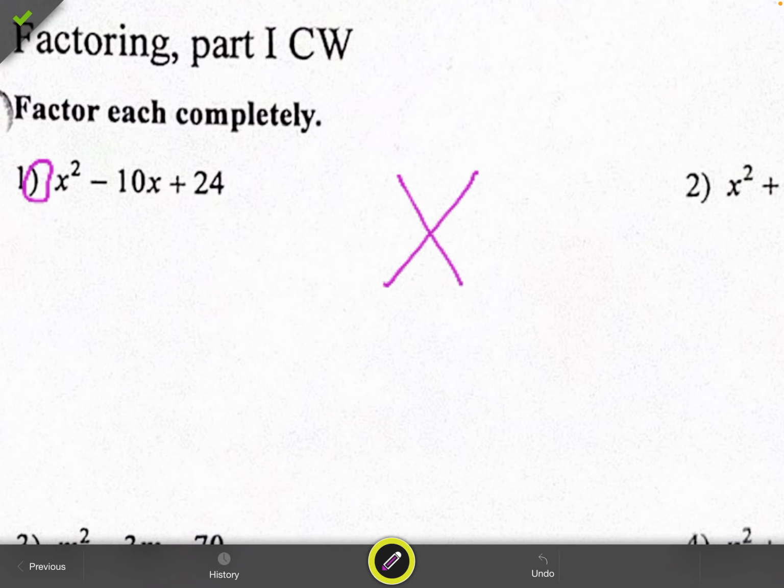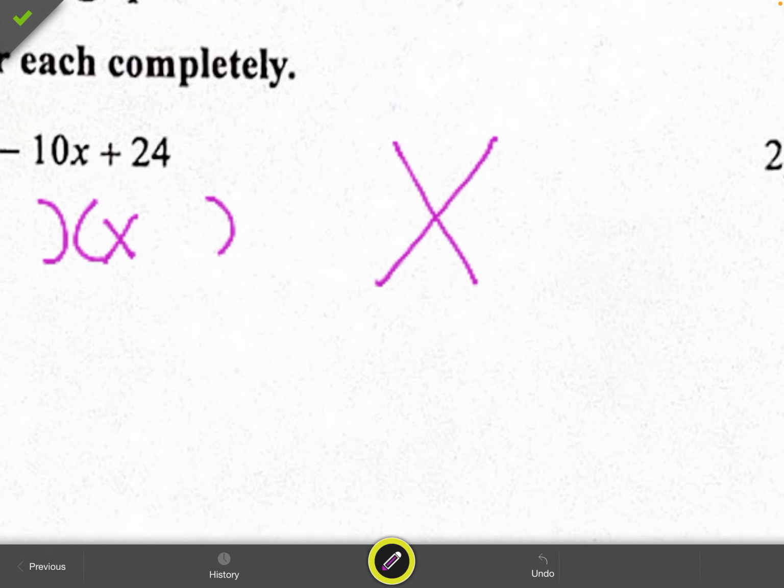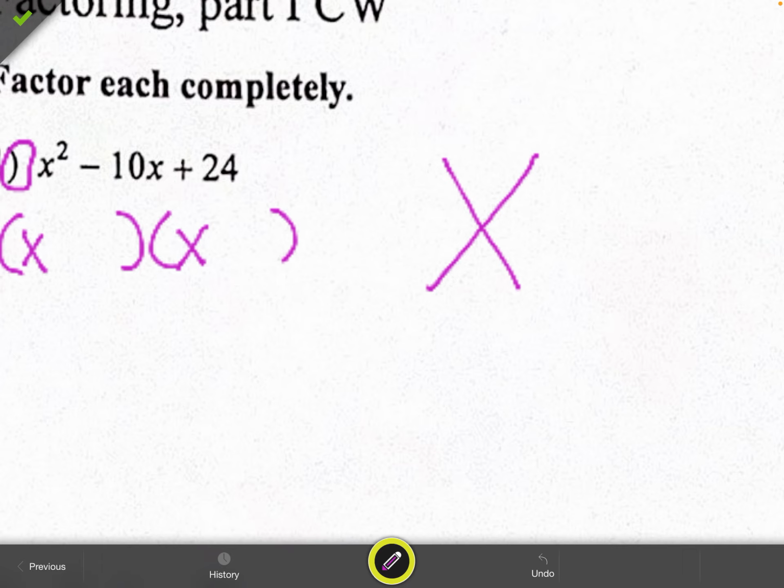Step 1 says, write your 2 parentheses. Your variable is x, so you just put an x here and an x here. Now we got to set up our X puzzle and solve it. So factors of, remember, it's always your C, the number by itself. So factors of 24 that add up to, and here's where you got to be careful, that add up to the number in front of your x.